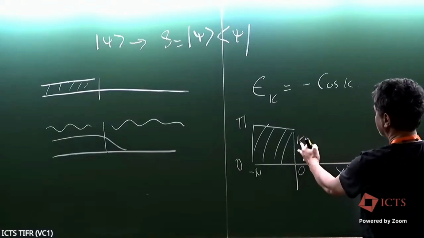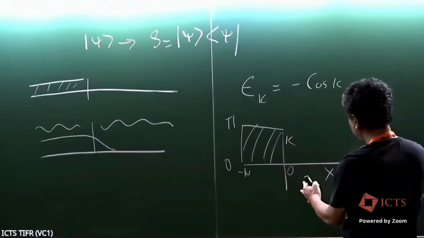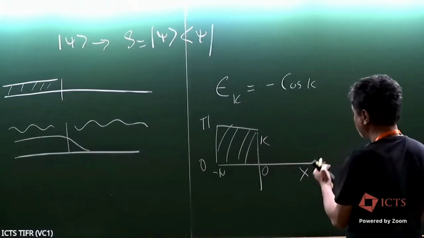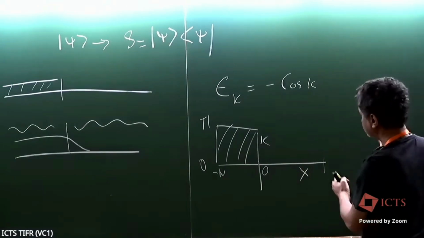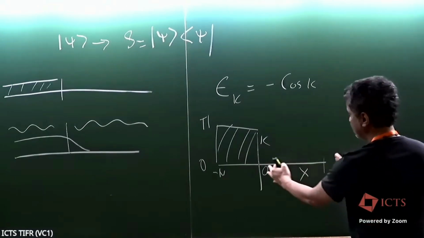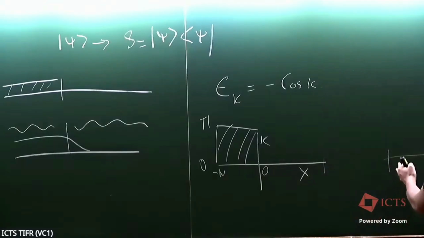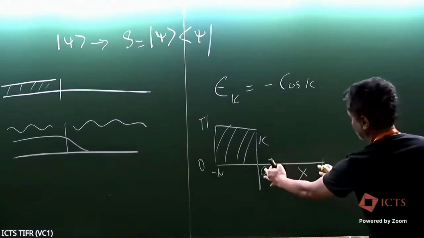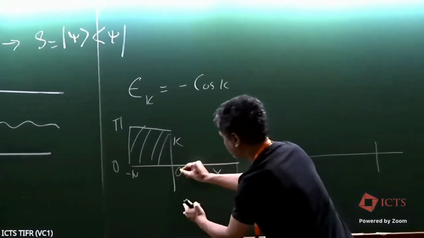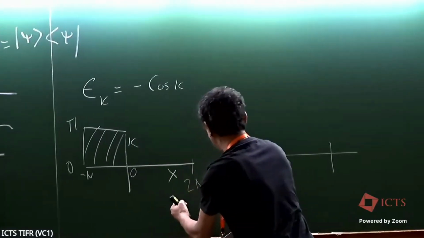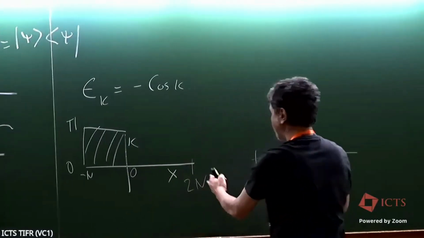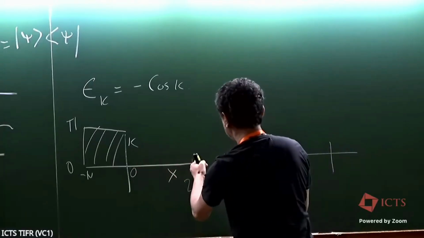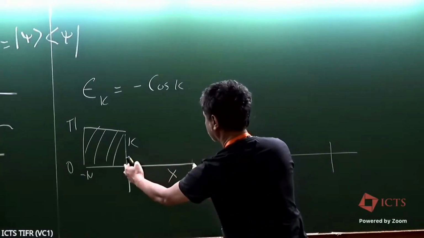density in this region. But now what we'll do is compute a modified phase space density, which adds all these sections and brings them together. Let's say this is 0 to 2n, and this is 2n to 4n. I'll add all these phase space densities and put them together at 0 to 2n.